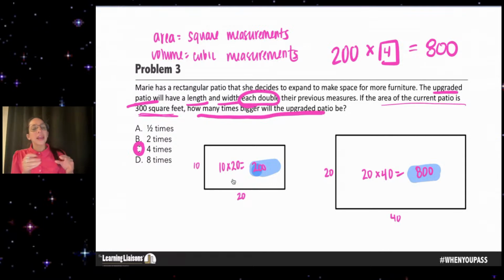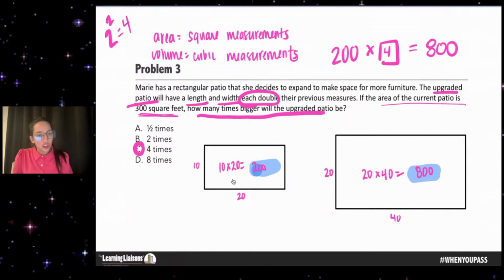And so when I double the linear measurement of my length and my width, I'm multiplying times 2, so I need to square that to figure out what scale my area is going to be, which is 4 times.